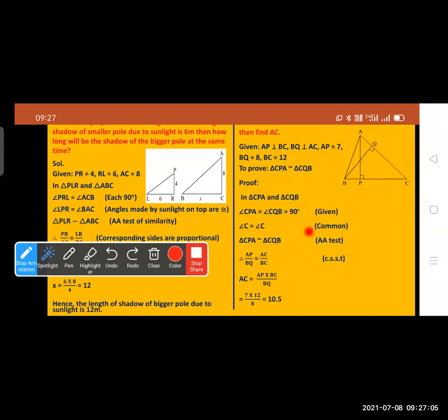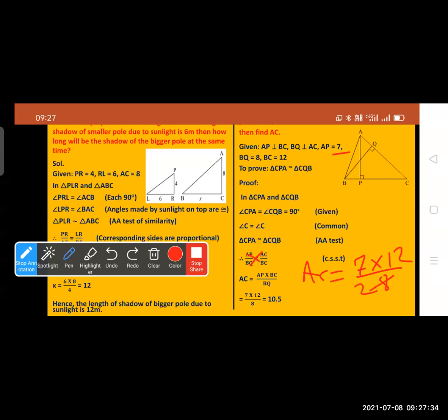Then we check, we write their corresponding sides ratio, AC by BC. So here we know AP. Here we want to find the value of AC. So AC is equal to AP is 7, BC is 12, BQ is 8.